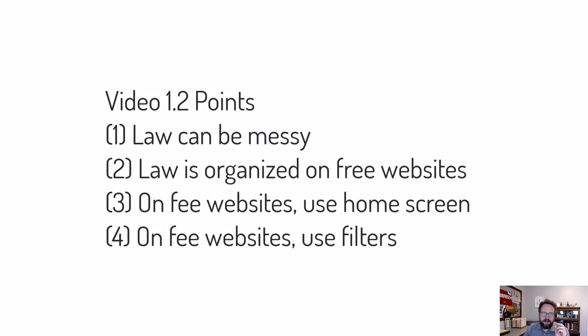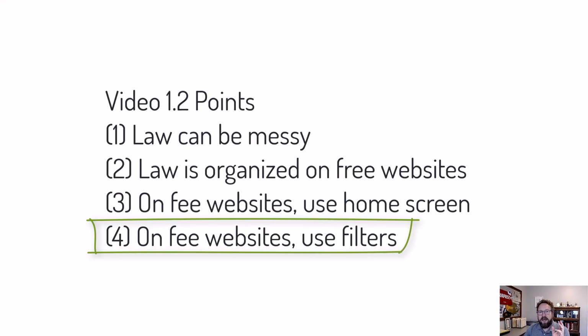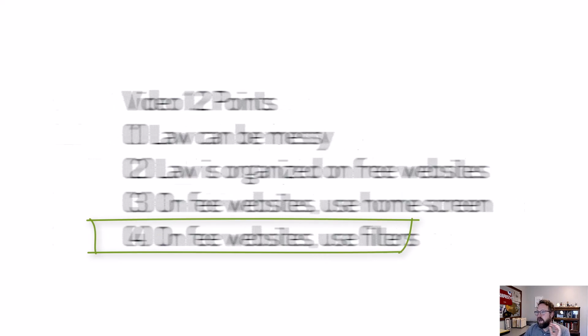So that's tip number one for fee websites: use the home screen to target the type of authority you're looking at. The second tip, and this is the final point of this video, is use filters on your website.